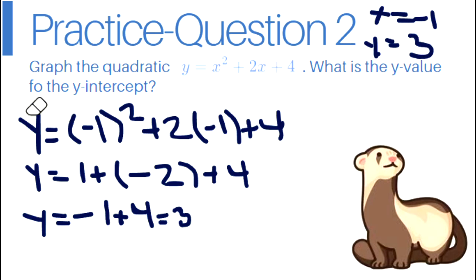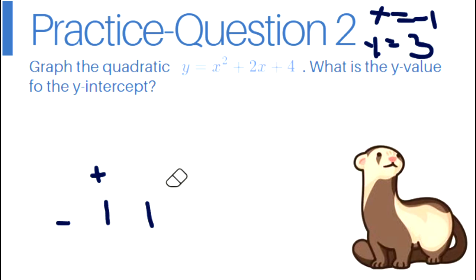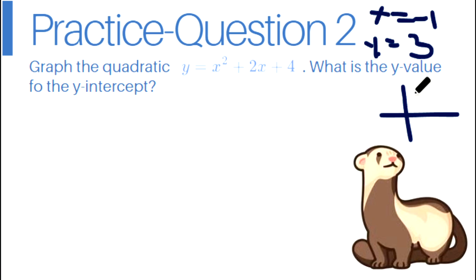Let's erase all this garbage, okay? And we're trying to find the y-intercept. Well, we don't have it automatically because the y-intercept has an x value of 0. So if we have our little graph right here, and we have x is negative 1, and y is 3, then what we need to do is make x equal to 0 and solve for that.